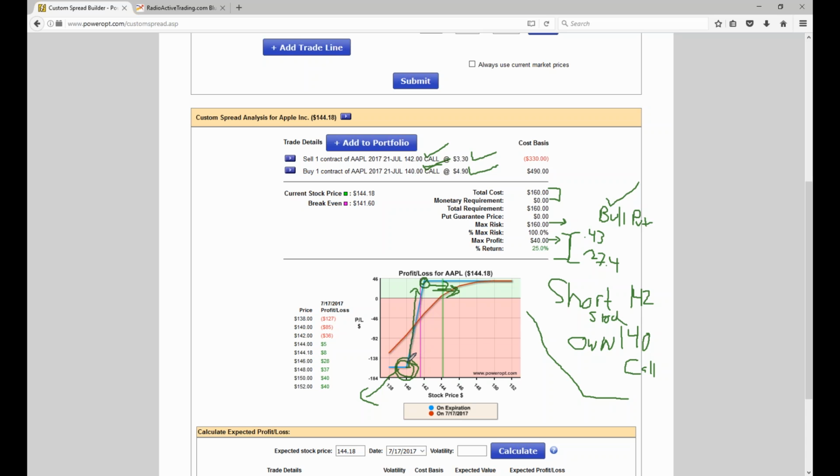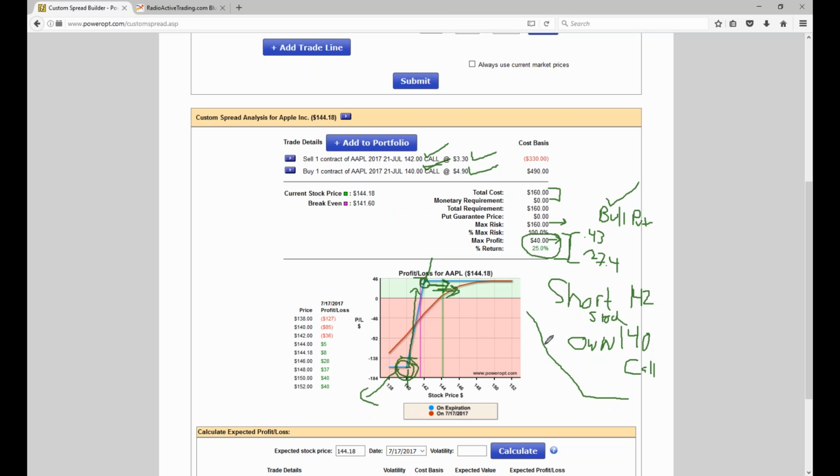They do at expiration. If the stock was above 142 at expiration, remember you have an obligation to deliver shares of stock at 142 for the short option. You have the right to buy shares of stock at 140. So if I held it through expiration and did nothing, over the weekend my broker would buy shares of stock from me at 140, sell them at 142, I get the $2 back, I make the 40-cent profit on a 160 investment, the debit, and there I go.